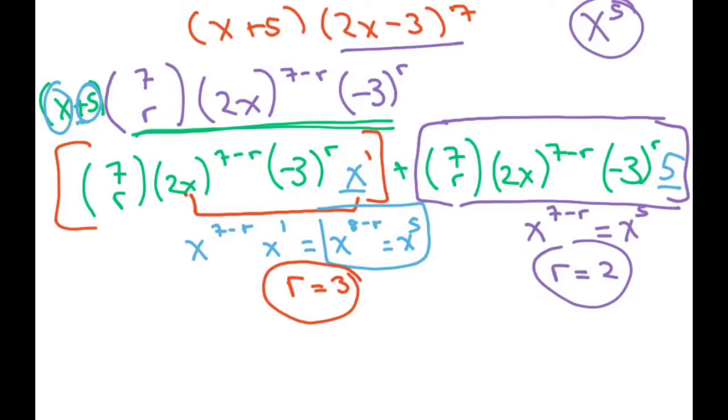We have our r equals 3 and our r equals 2. So let's plug all that in. And we're going to get, for the first part, our r is 3. So 7 choose 3. And then we have 2 to the 7 minus 3, which is 4. And then -3 to the r. All right?